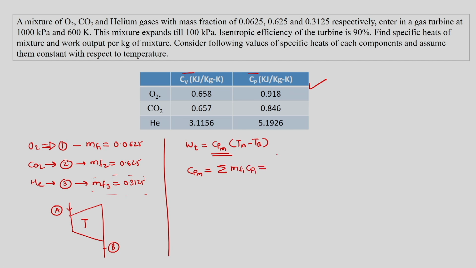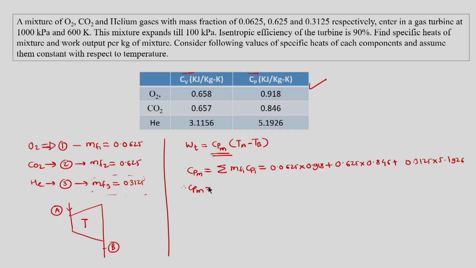So we know it is MF1, 0.0625 into 0.918, plus 0.625 into 0.846, plus 0.3125 into 5.1926.